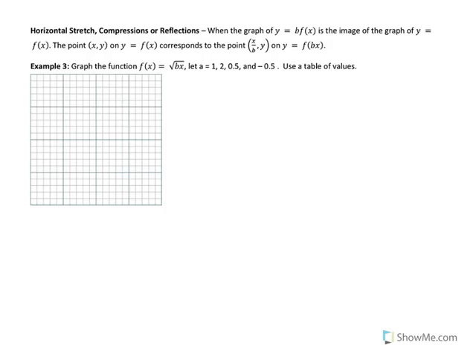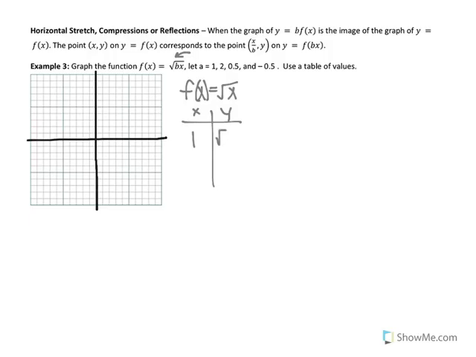Okay, let's do some horizontal stretches and compressions now too. We're going to do a radical function, the square root of x. So let's start with just that. f of x is the square root of x. If I plug a 1 in, I have the square root of 1, which is 1.